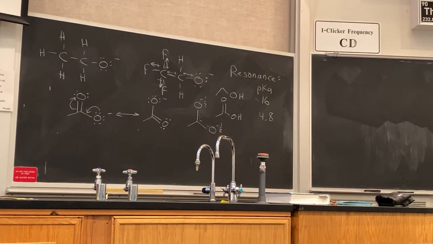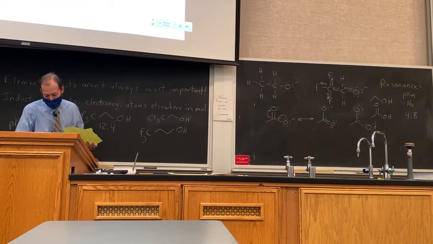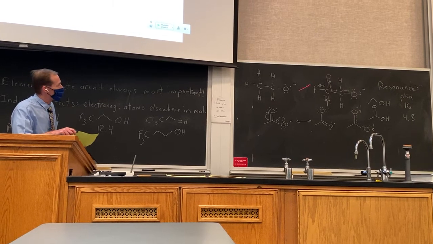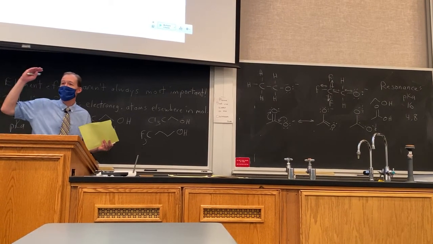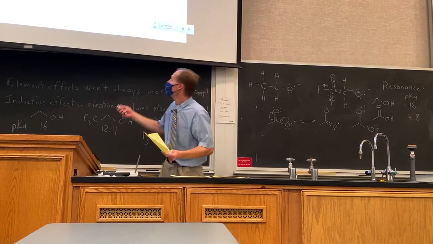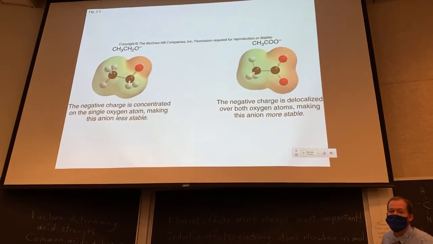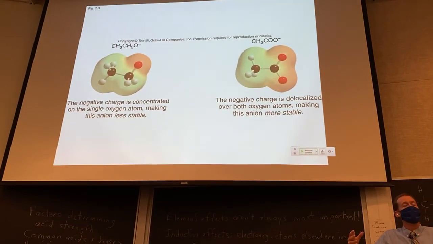Now that oxygen is electronegative, but we don't have the ability to delocalize that negative charge. So this conjugate base, ethoxide, will be significantly higher in energy than the conjugate base acetate. And we see that here. On this particular figure, they didn't decrease the redness, but what they did was they showed that the red area was much larger than the red area here. And so that's how we can see the delocalization of the negative charge in acetate that we don't have in ethoxide. Okay, question?